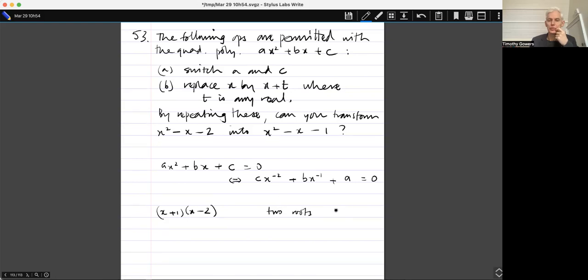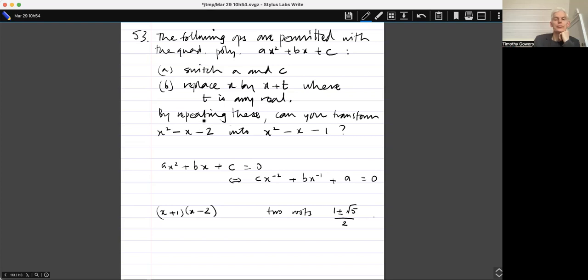And there'll be 1 plus or minus the square root of 5 all over 2. So that doesn't do it.